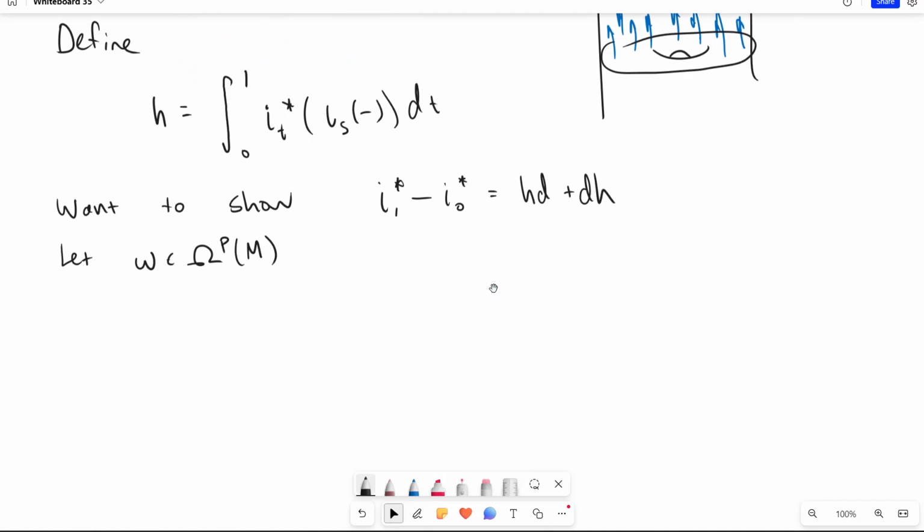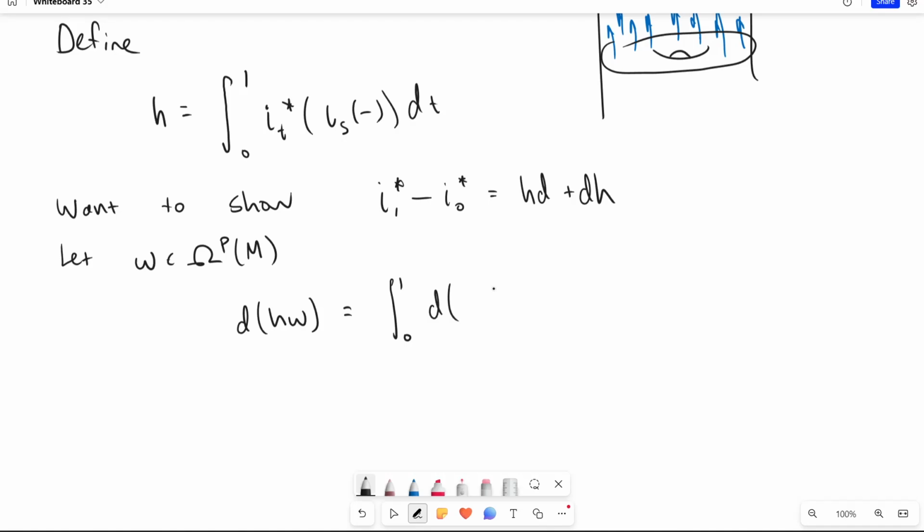So we can evaluate d of h omega. We can commute the exterior derivative with this integral. This is the same thing as differentiating under the integral sign, at least in coordinates.